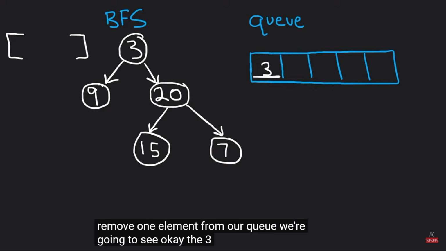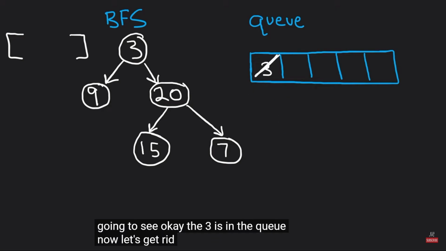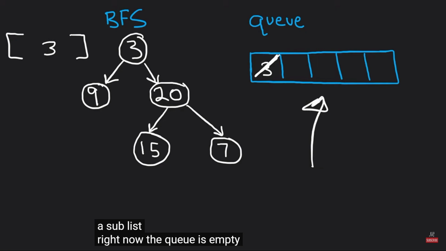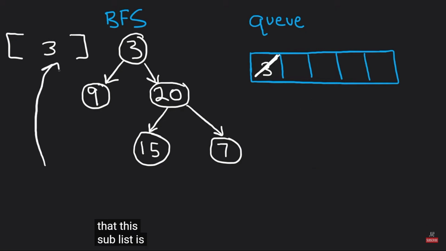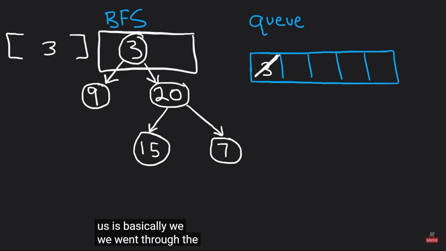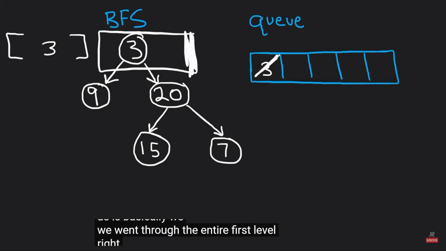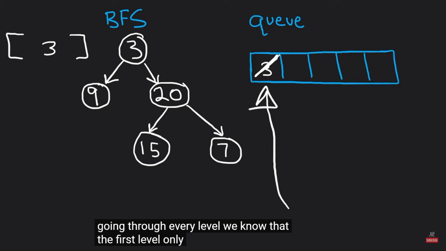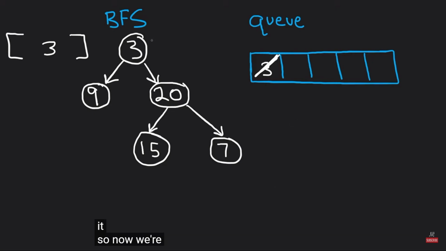We see the 3 is in the queue. Now let's get rid of the 3 and add it to a sublist. Now the queue is empty, so we know that this sublist is complete, and what that tells us is basically we went through the entire first level, right? That's what we're trying to do. We're going through every level. We know that the first level only had one element in it, so now we're done.